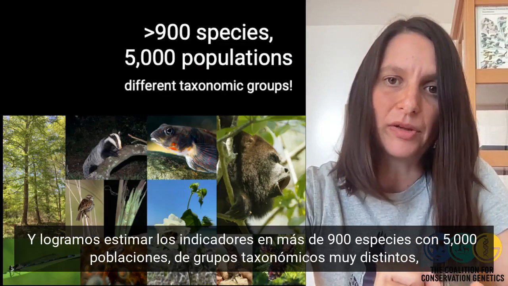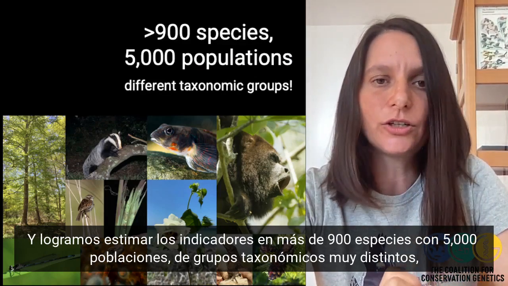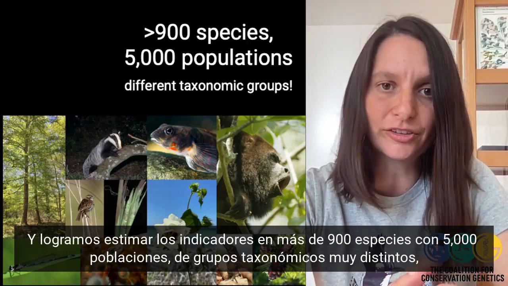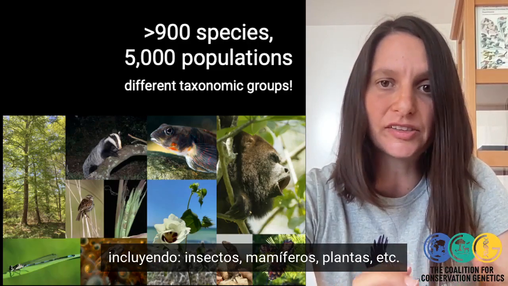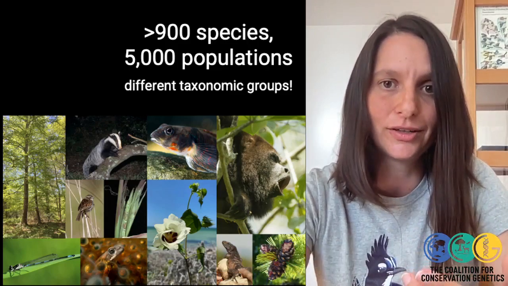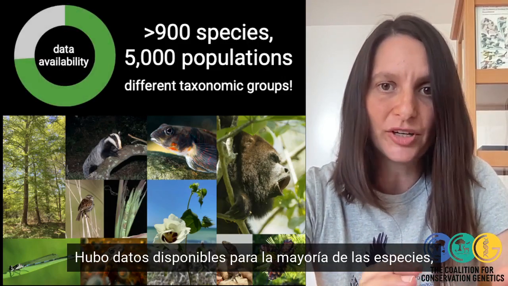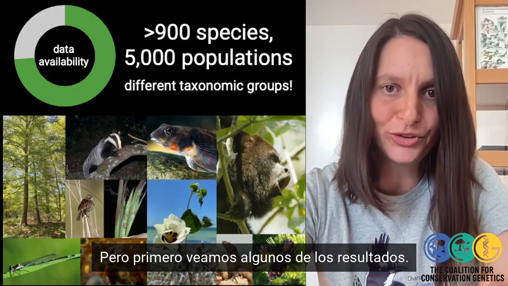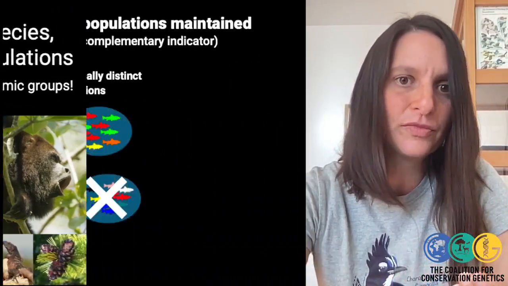And we were able to estimate the indicators in more than 900 species with 5,000 populations within them of very different taxonomic groups, including insects, mammals, plants, and so on. Data was available for the majority of the species. I will tell you more about that later, but first let's see some of the results.